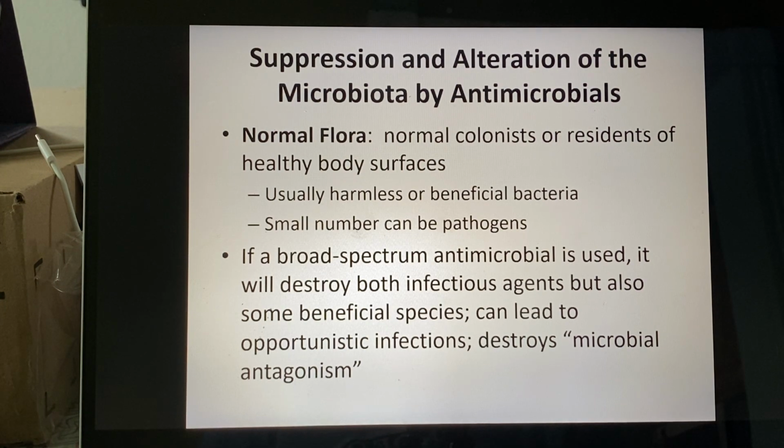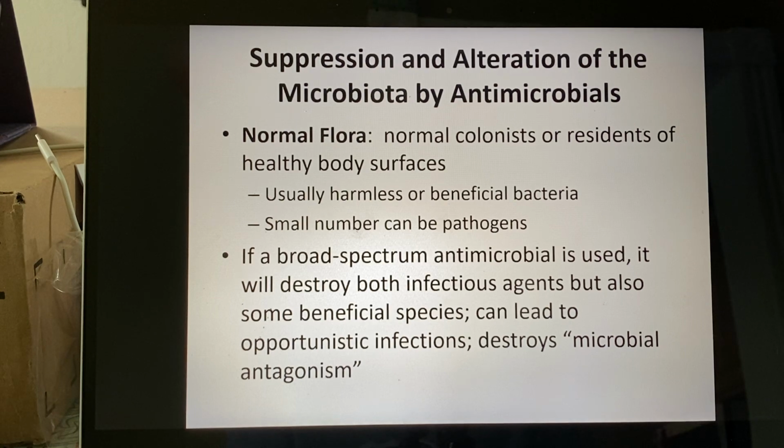Okay, this is one of the problems we see, especially if we use, for example, a broad spectrum antibiotic. It would be awesome if we could program our antibiotics to say, hey, this infection is being caused by, let's say, Pseudomonas aeruginosa, so I want you to just go in and kill Pseudomonas aeruginosa. That would be awesome, but unfortunately, that's not the way it is. If it's a narrow spectrum antibiotic, it's going to kill all gram negatives.